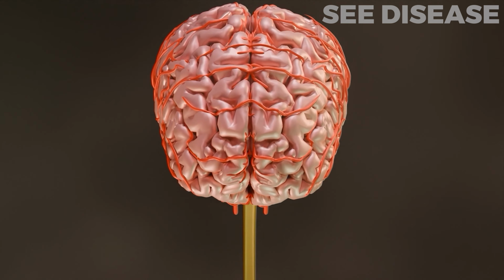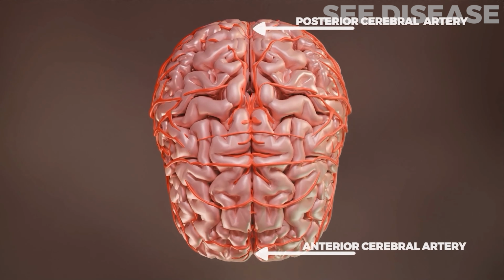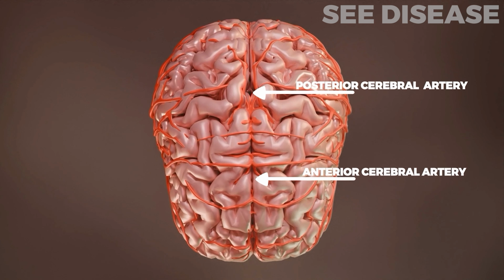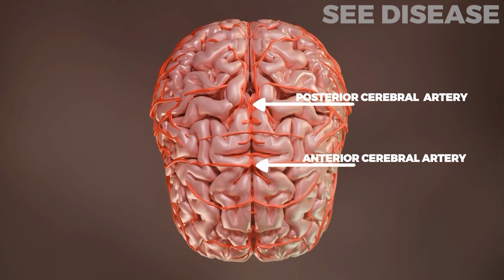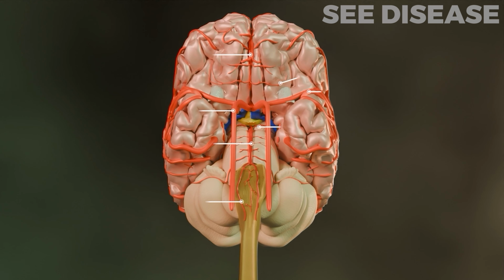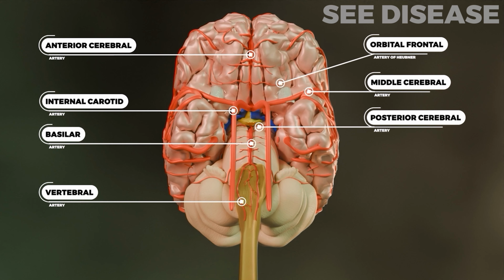And in the top view, you see the posterior aspect is supplied by the posterior cerebral artery and anterior cerebral artery. Now the inferior aspect of the brain, you see the circle of Willis formed by the anterior cerebral artery, middle cerebral, the internal carotid artery, and the vertebral artery.